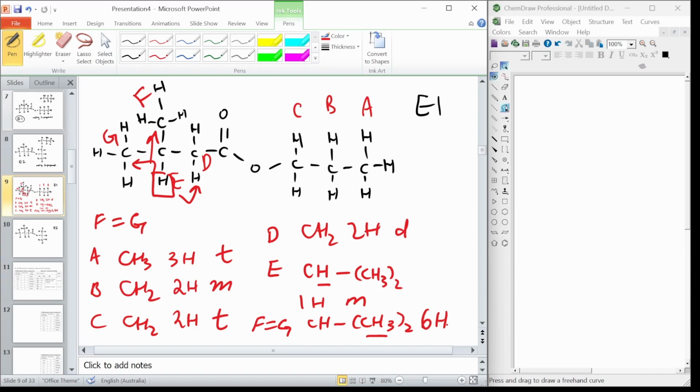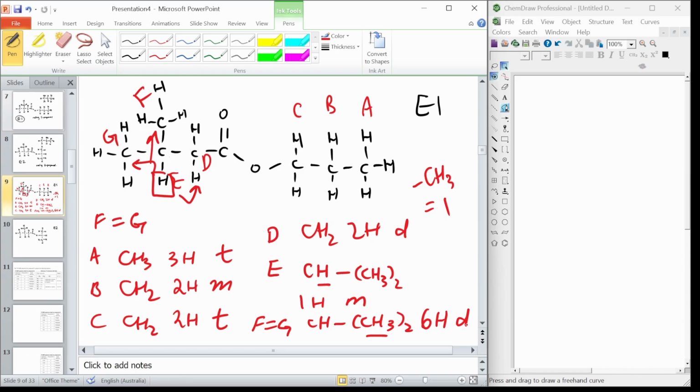And since all the hydrogens are equivalent, we are going to show each of the CH3 as one signal, next to another one signal. So this becomes a doublet, because 1 plus 1 equals 2, which is a doublet.